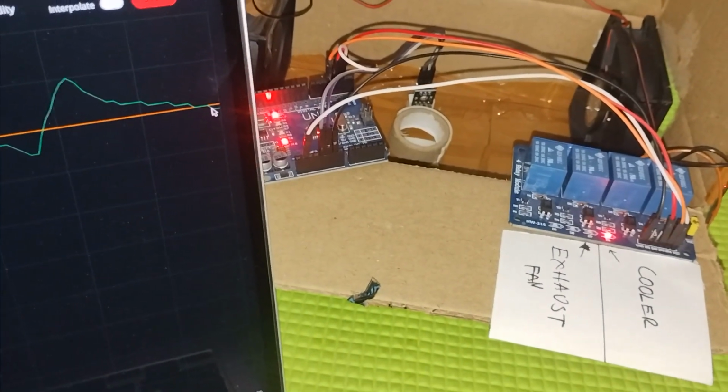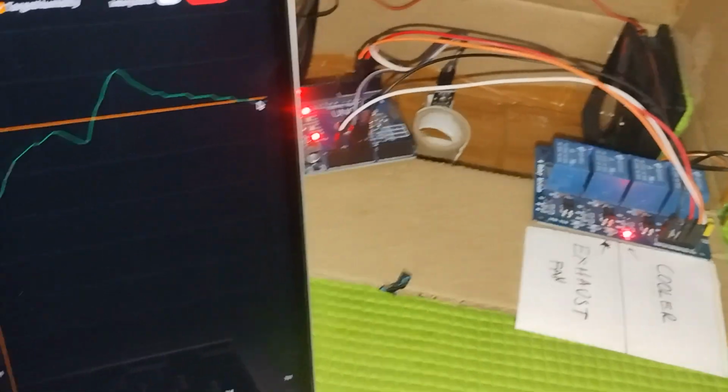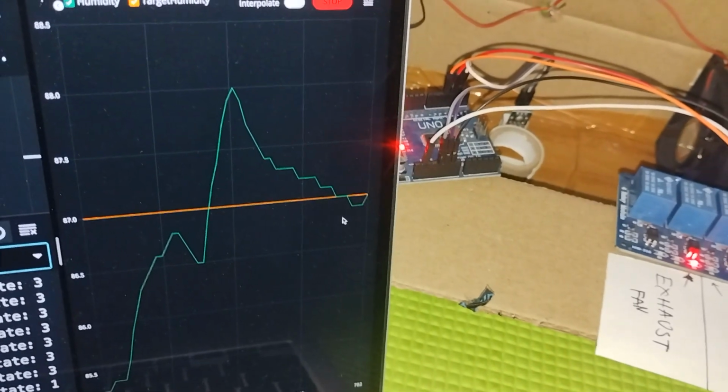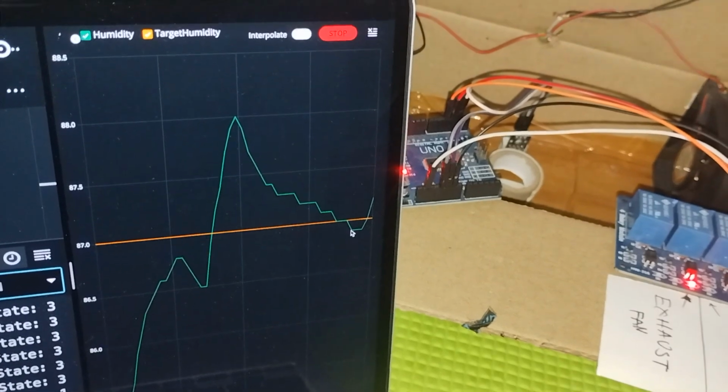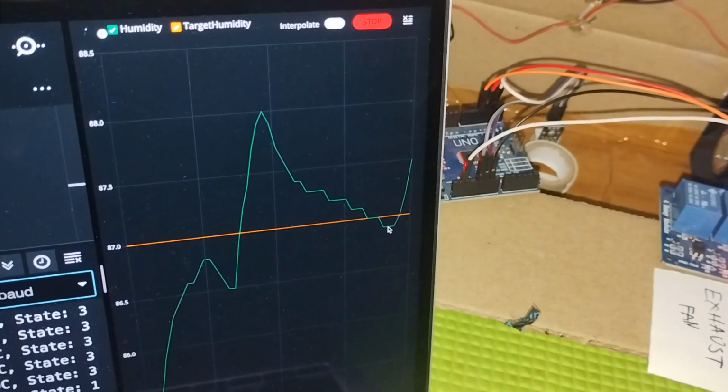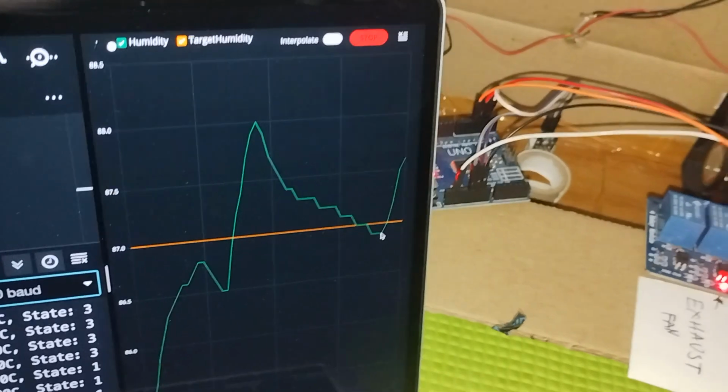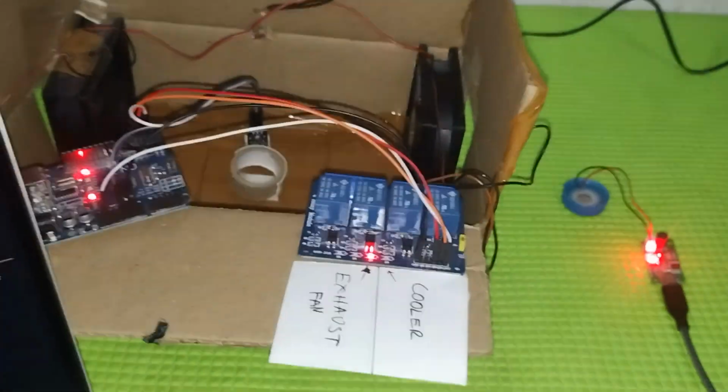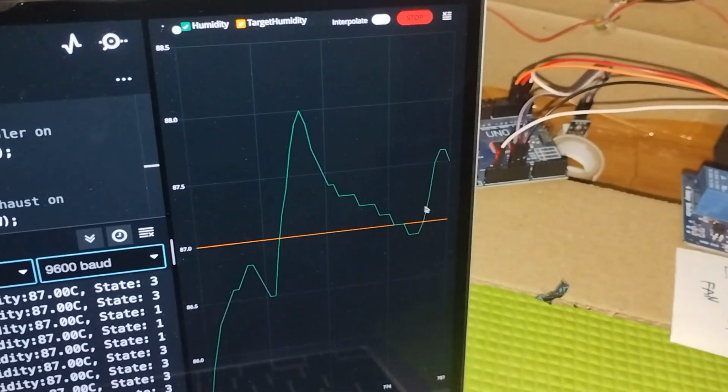As you can see, we have just turned on the cooler, and again the humidity would go up. Usually it would not happen this often in a real world scenario, as it is currently rainy season, so humidity is generally high.